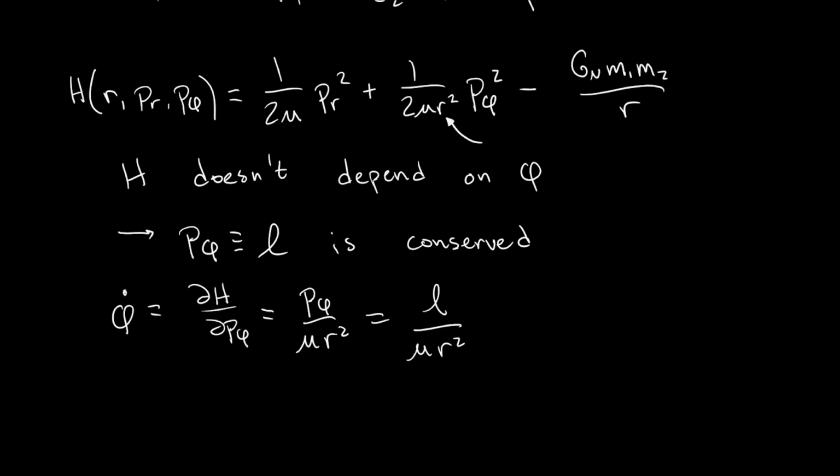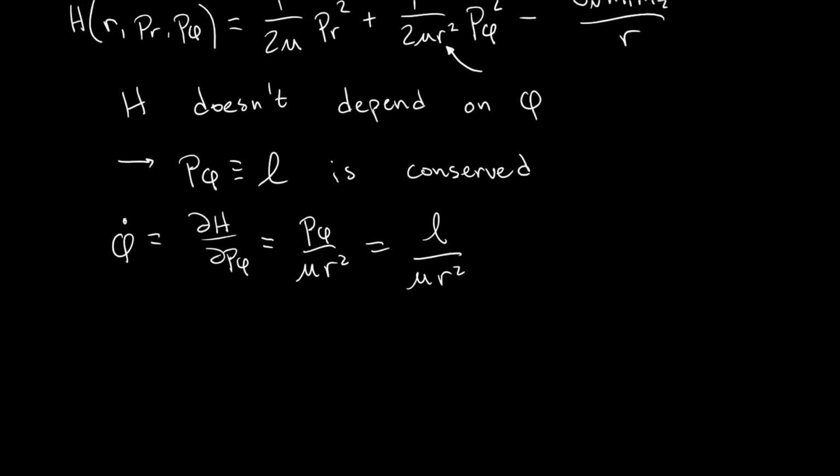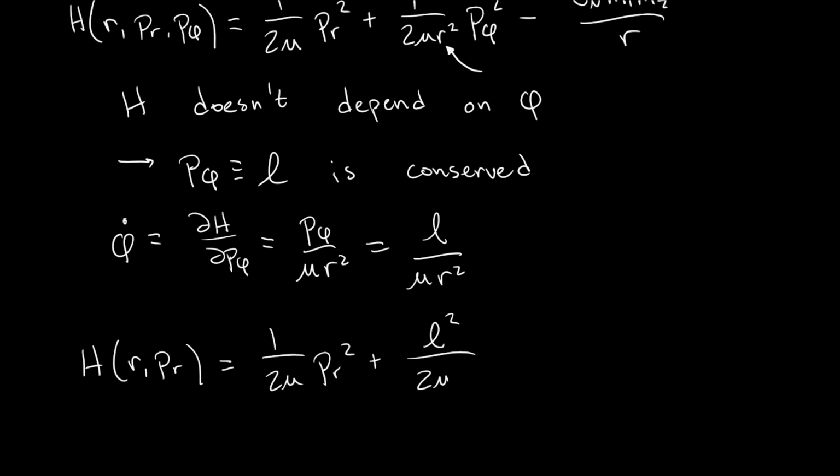So we can't just set it to be whatever we want, but we know that L is a constant, and we can include this in our Hamiltonian as 1 over 2 mu p_r squared plus L squared over 2 mu r squared minus g m1 m2 over r.